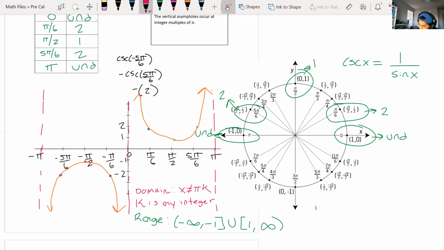So it could be the fancy brace, for all x such that x can't equal pi k. But I think it'll have the definition for k for you, like where k is any integer or k is an odd integer. It should have this part set up and that part set up. You just have to fill in the blank.